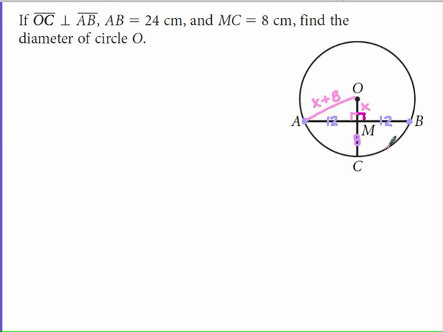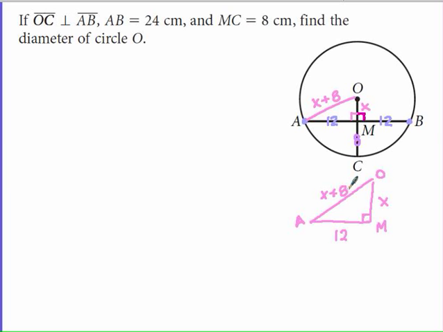So if I just take a snapshot of what I see there, OAM, here's A, here's O, and I know I've got M right here. So that's a right angle. I've got X here, I've got 12 here, and I've got X plus 8.